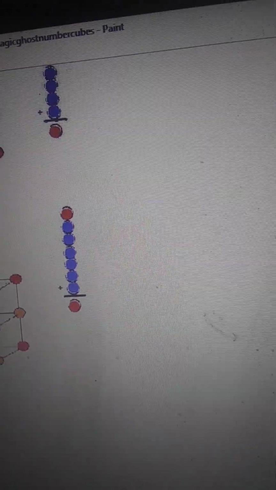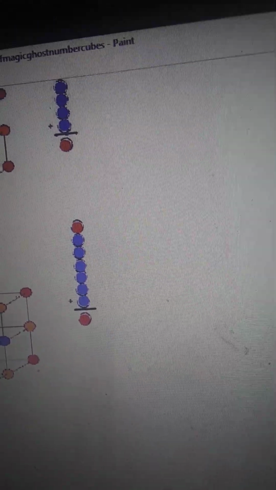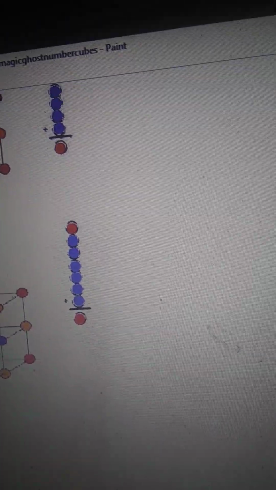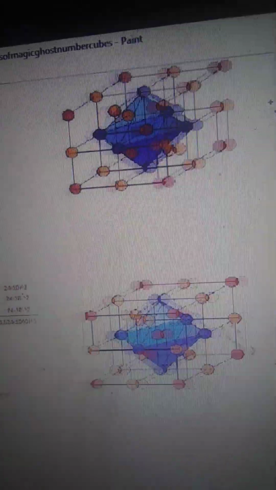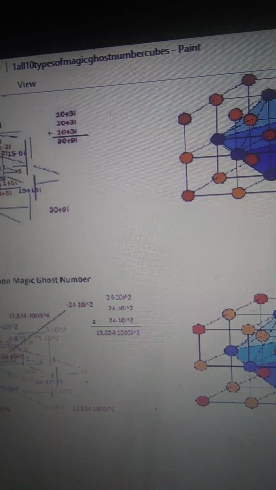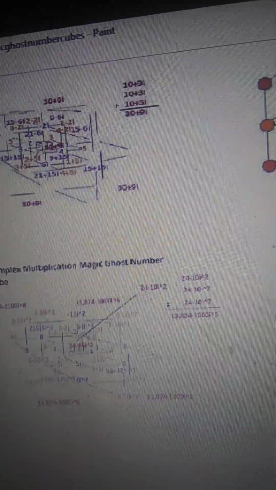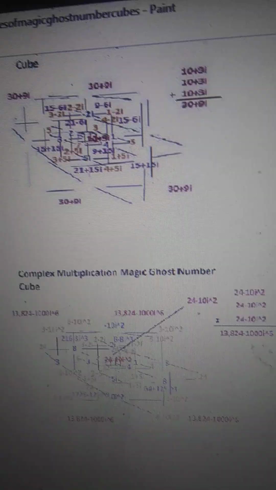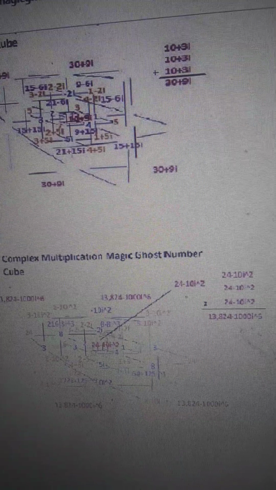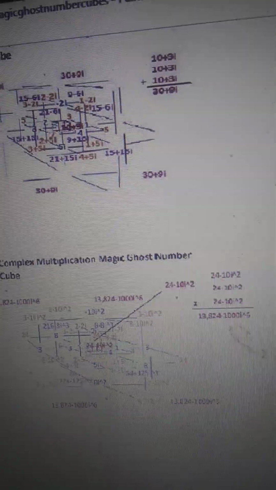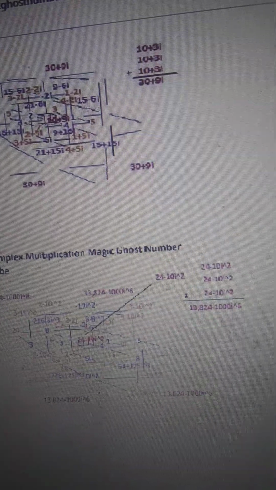The complex. Yeah. The complex. I'll get there. The complex multiplication cube and addition cube, complex number multiplication and addition cube.